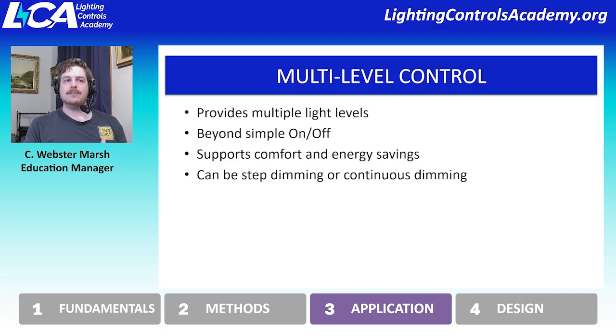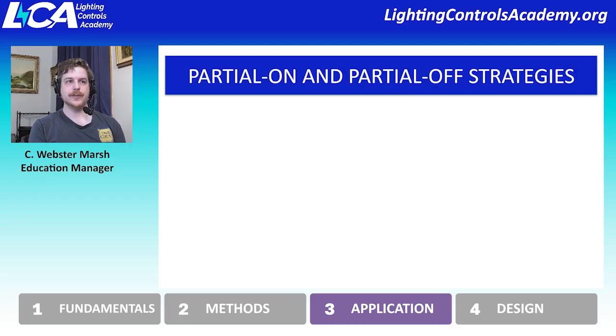And it can be step dimming, so again, going from full to 50 to 0, or it could be a continuous dimming experience where you have a raise-lower button and are able to dictate, oh, it's a little too bright, I'm going to dim it down, or it's not bright enough, so I'm going to raise it up. That's multi-level control per code.